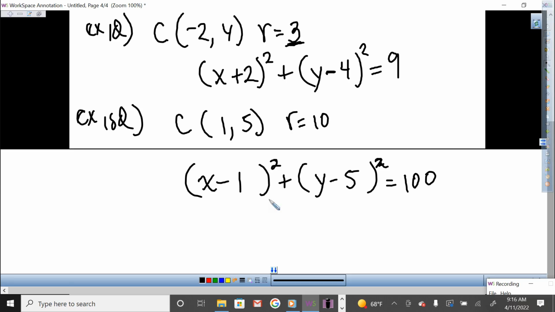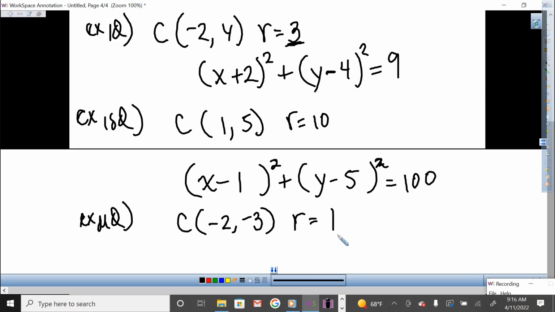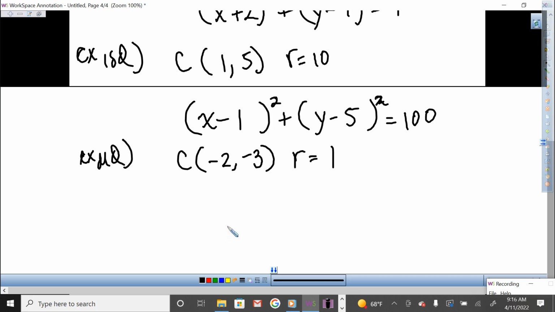Okay. And the last one, example omega cube. Center -2, -3. Radius 1. All right, tell your neighbor the standard form equation that you got for that.